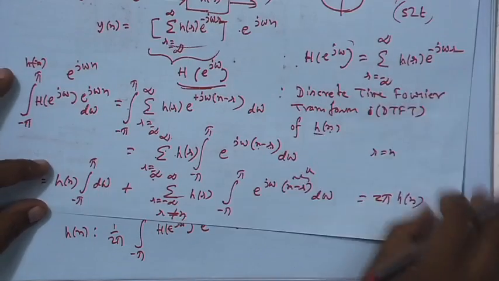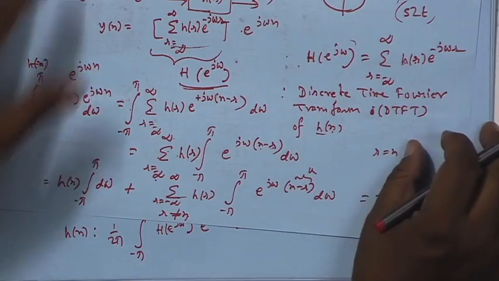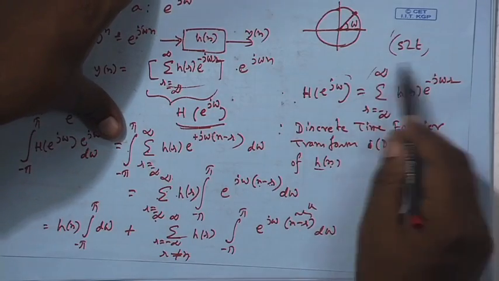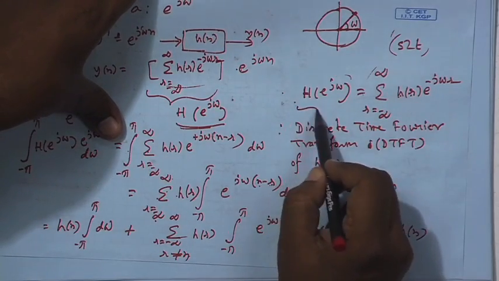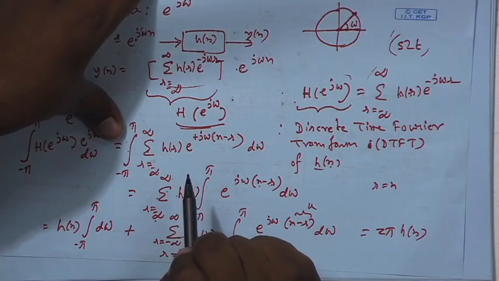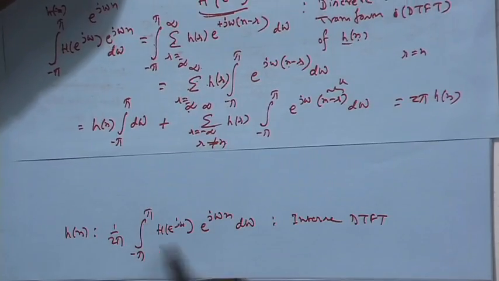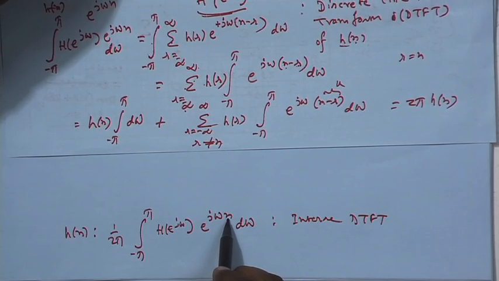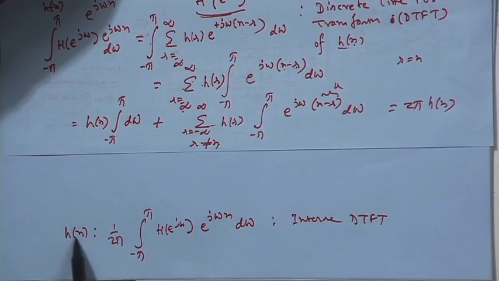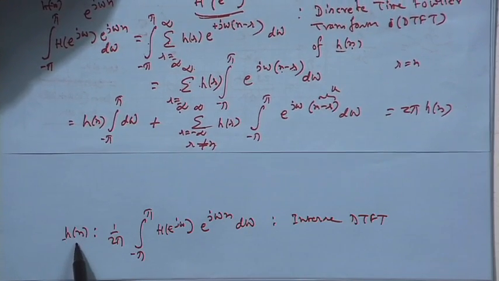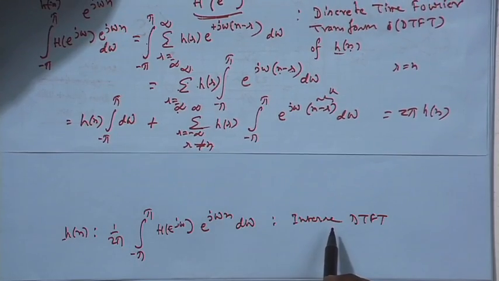That is, given any sequence h n, if you carry out this summation, you get the discrete time Fourier transform, and given the discrete time Fourier transform DTFT, if you carry out this integral for one n of your choice, you get the sequence sample at nth, h n. It is called inverse DTFT.